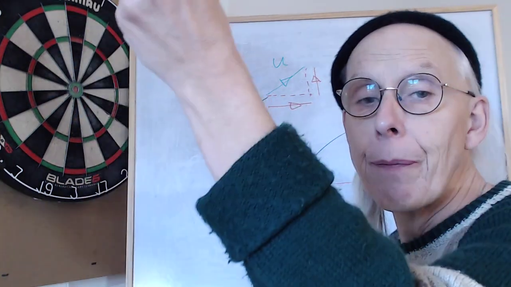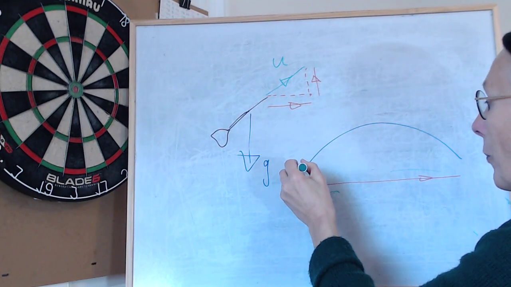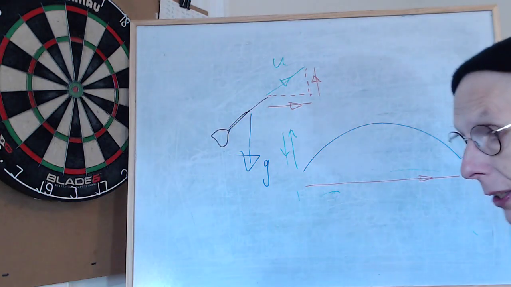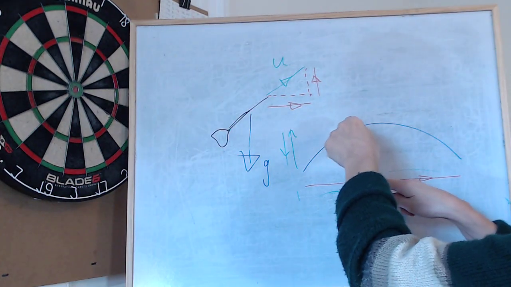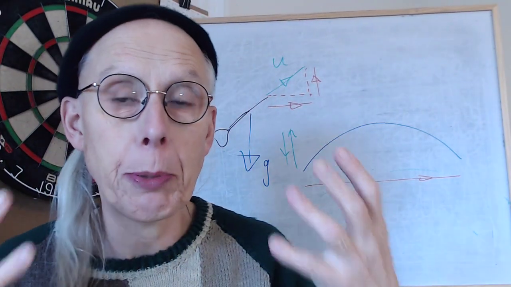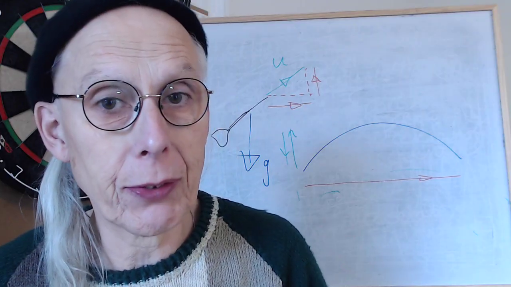It just goes up, slows down, and then it speeds up as it comes down. So you've got this up and then down motion in the vertical direction, and when you combine that, it gives you this shape, which is called a parabola, and that is the shape of a projectile in the absence of air resistance.